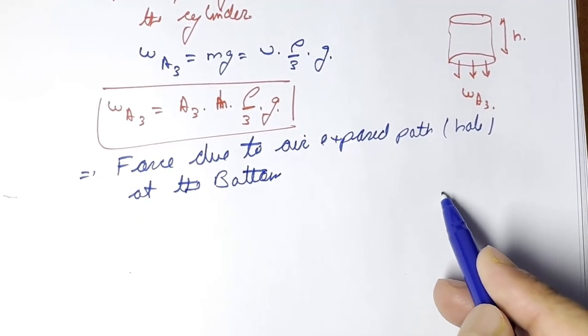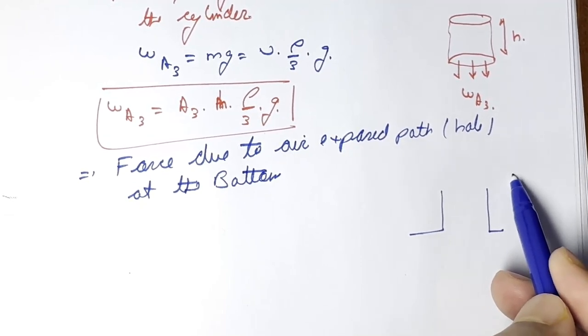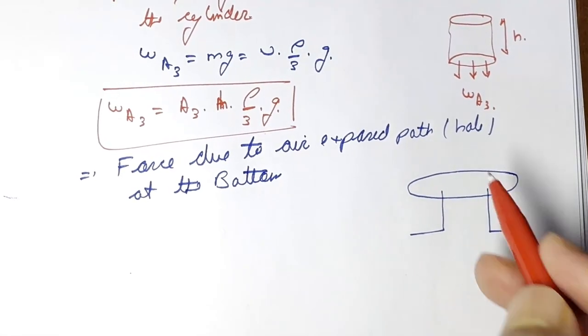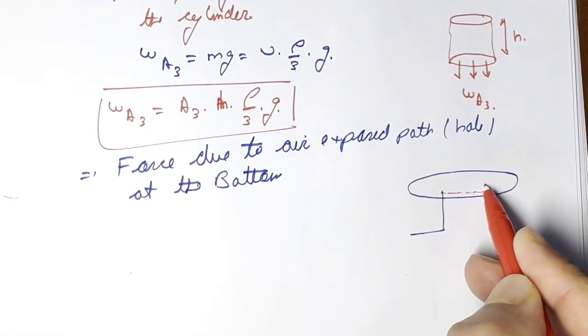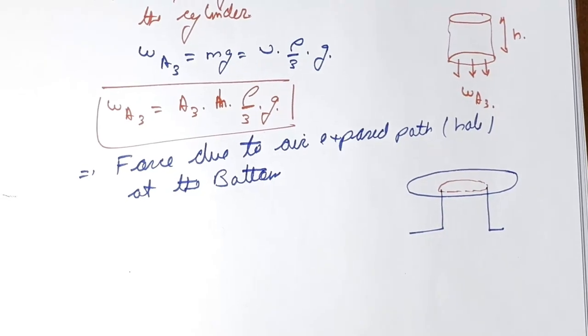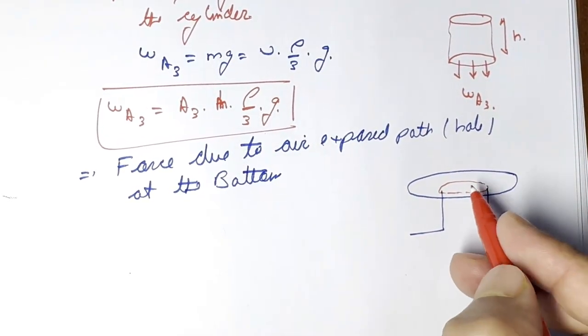This is the entire cylinder, and this is the part of the cylinder which is with respect to the hole, and its area we said is our A1.